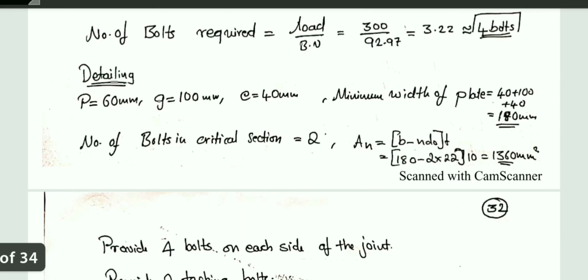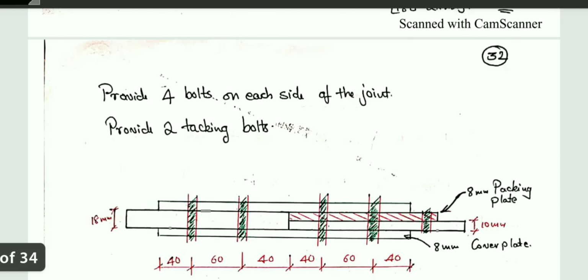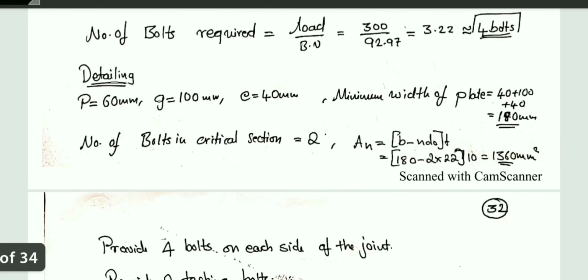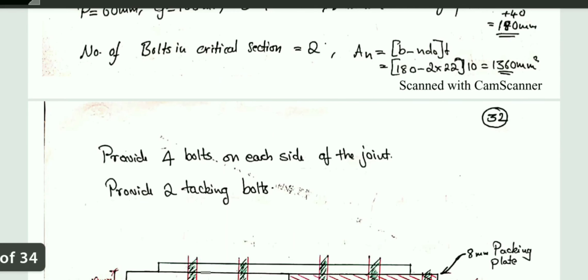The number of bolts in the critical section is 2. So the area of the critical section An is (b minus n into d0) into t. b is 180, n is 2, d0 is 22, and t is the thickness of the thinner plate, 10 mm, giving 1360 mm square.